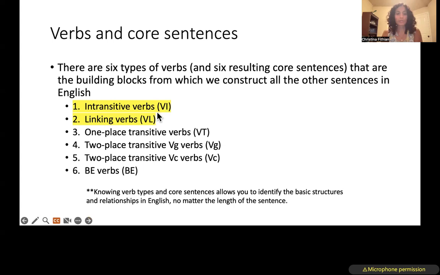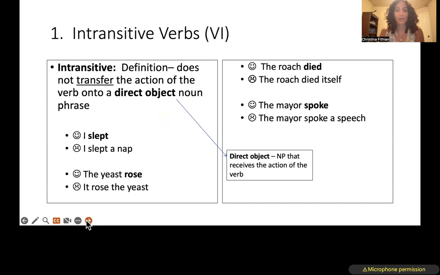Okay, so let's look at number 1 and number 2, intransitive verbs and linking verbs. Okay. So intransitive verbs, the definition of an intransitive verb means does not transfer. Intransitive, does not transfer. In other words, the action of the verb does not transfer onto any kind of direct object noun phrase.